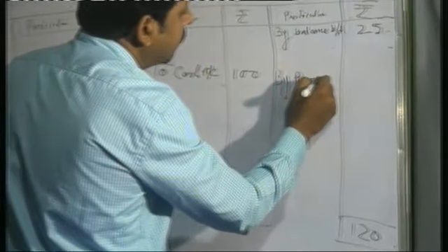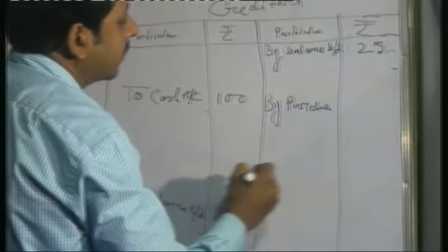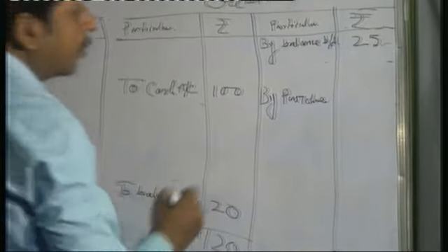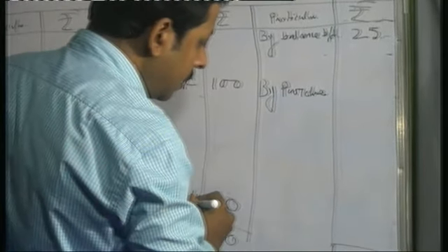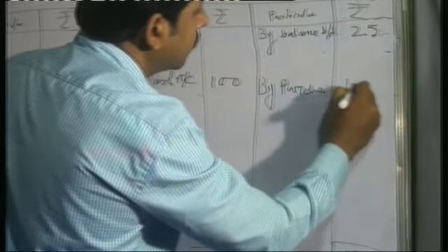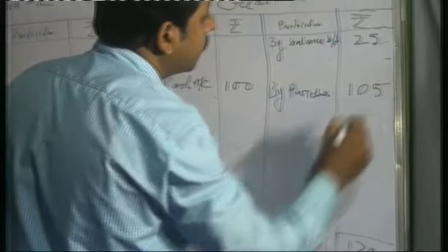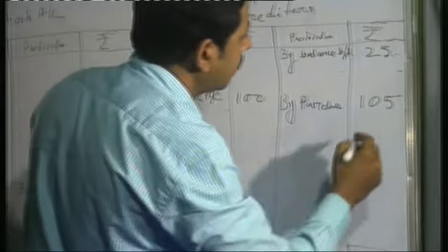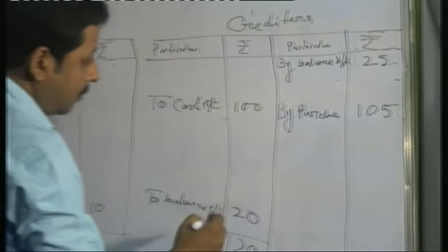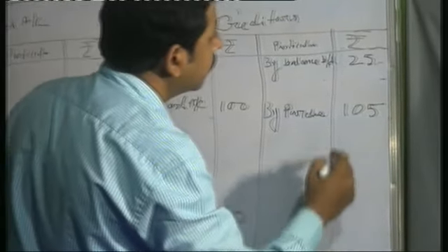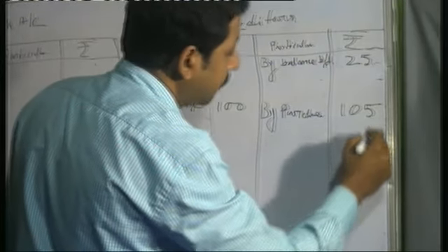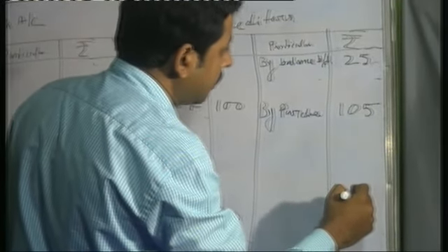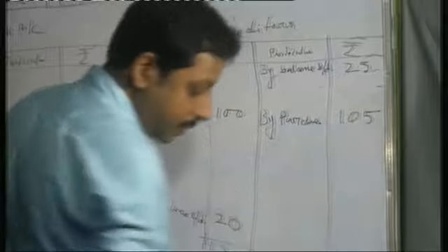And the balancing figure will be the purchase. What will be the figure? Sorry.